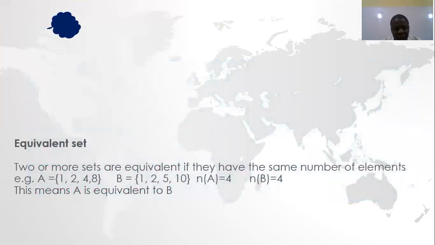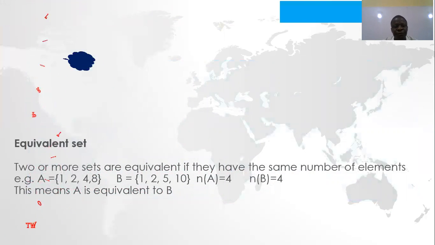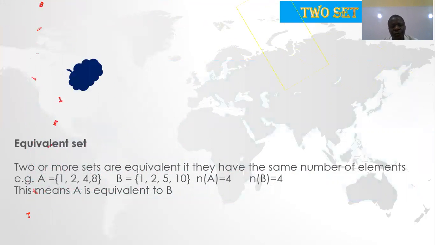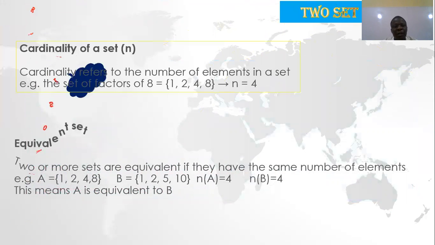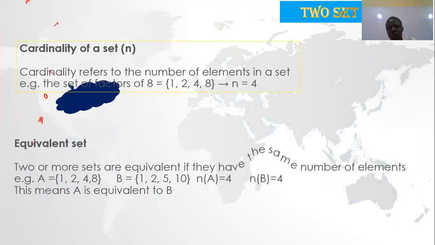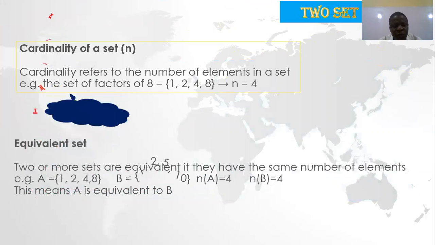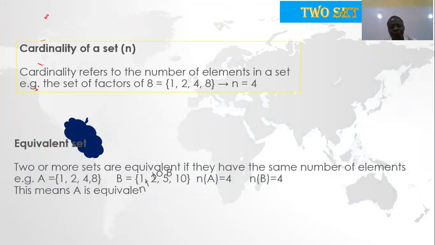Thank you for that. Let's look at something else, and that is cardinality of sets. When we talk about cardinality of sets, we are referring to the number of elements the set contains.